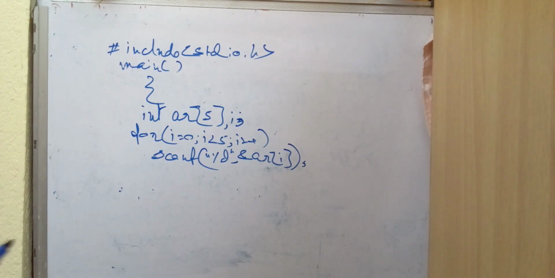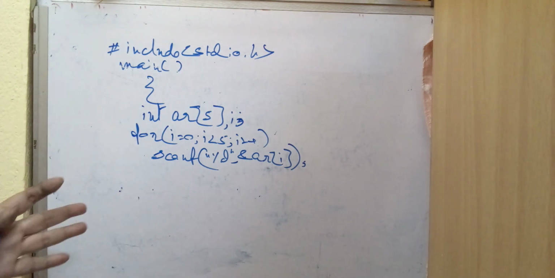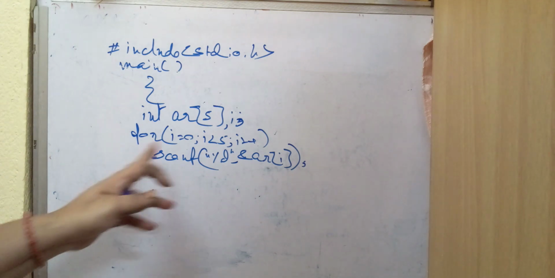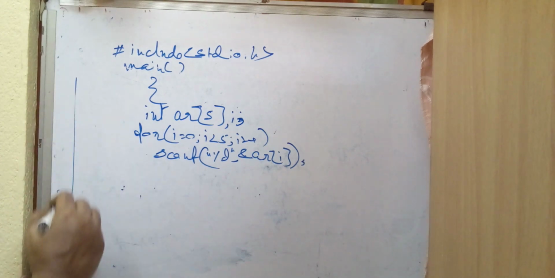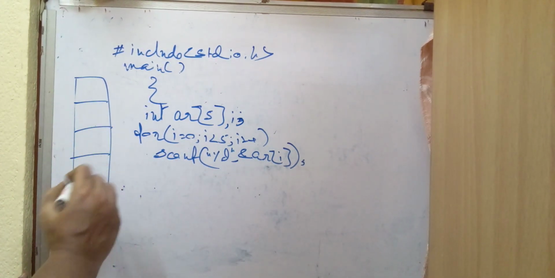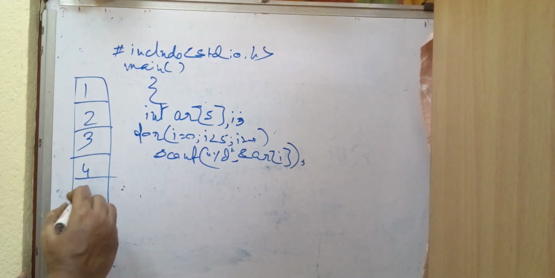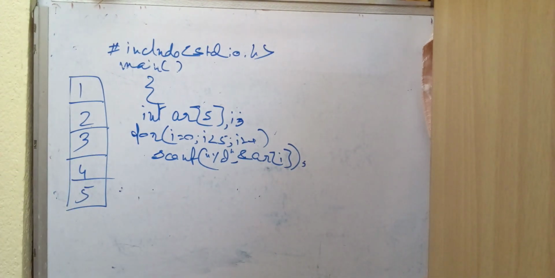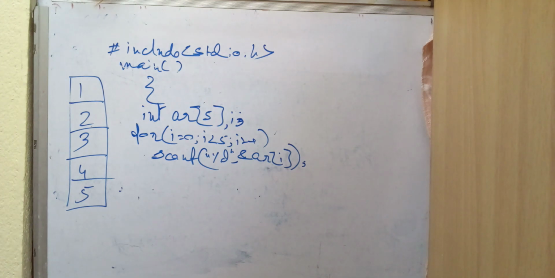In my last video I showed an example to store elements into an array. This is an array of 5 elements. I have inputted some values. Now suppose the program is to find the total of these numbers which I have inputted into the array.